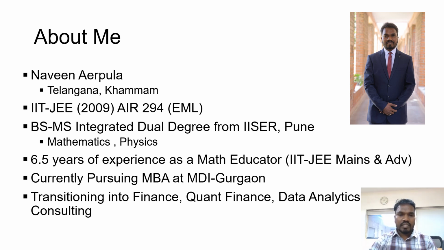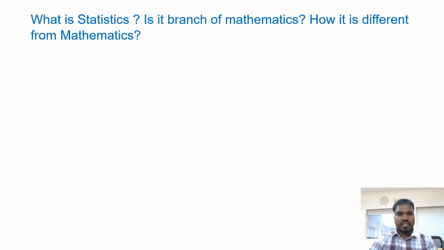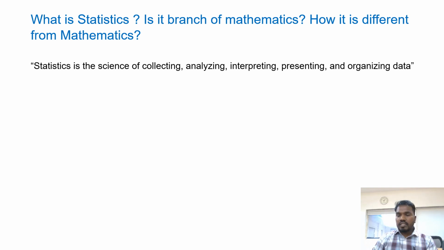Let us start this session with a basic question. What is statistics? Is it a branch of mathematics? If it is, how is it different from mathematics? In simple language, statistics is about collecting, analyzing, interpreting, presenting, and organizing the data.